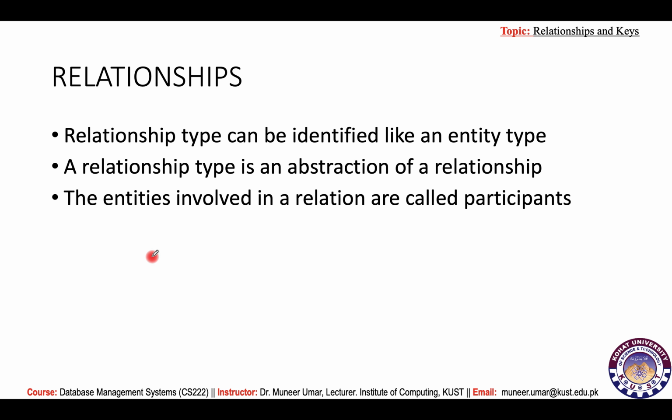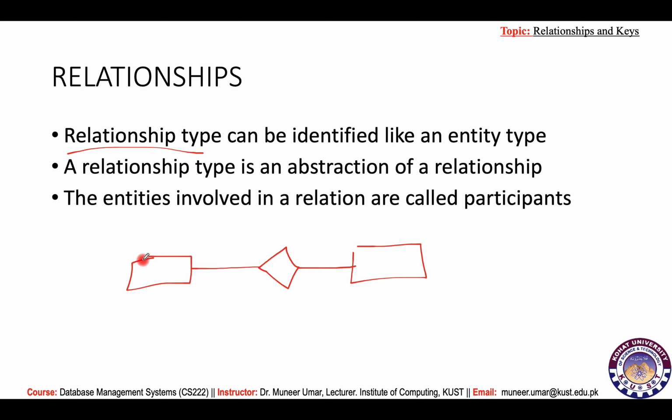There is another thing, that is a relationship type. It can be identified like an entity type, as we know that we use the relationship between two entities. Here we have a diamond, and we have two entities, and in between we have a relationship.